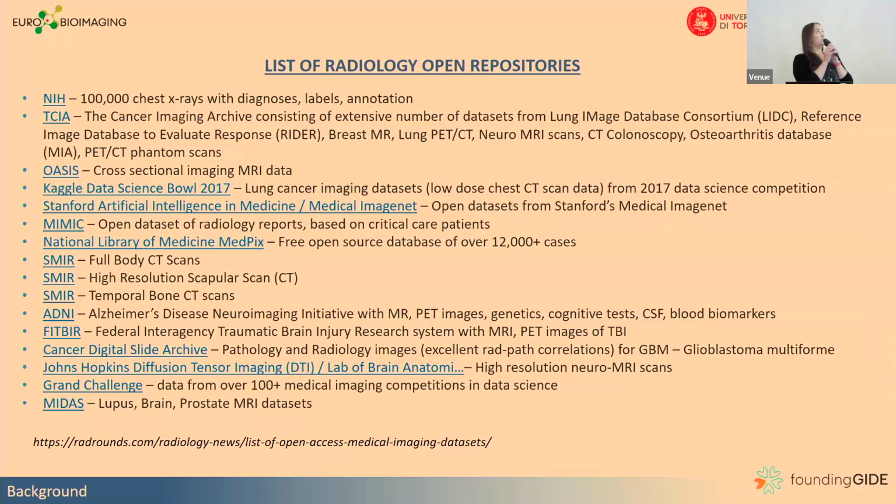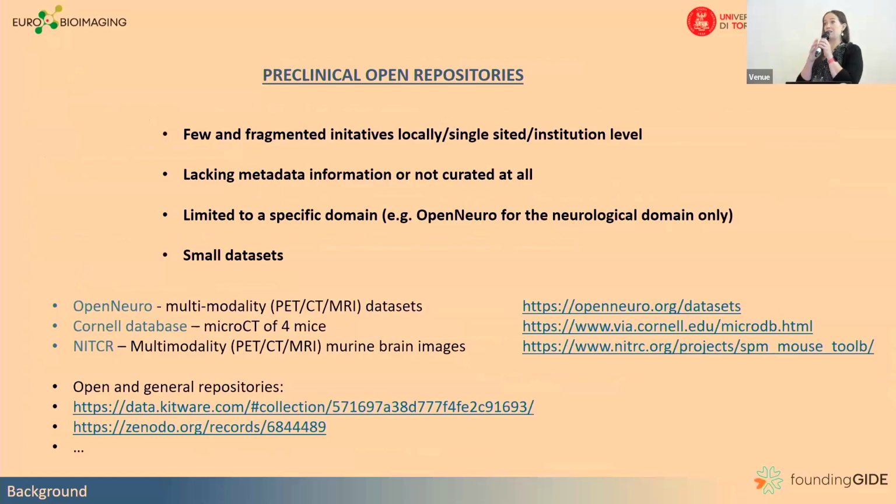From this non-exhaustive list, you can see that there's a vast number of radiology repositories available. But then if we move on to the preclinical repositories, there are actually quite few, and these are fragmented initiatives.